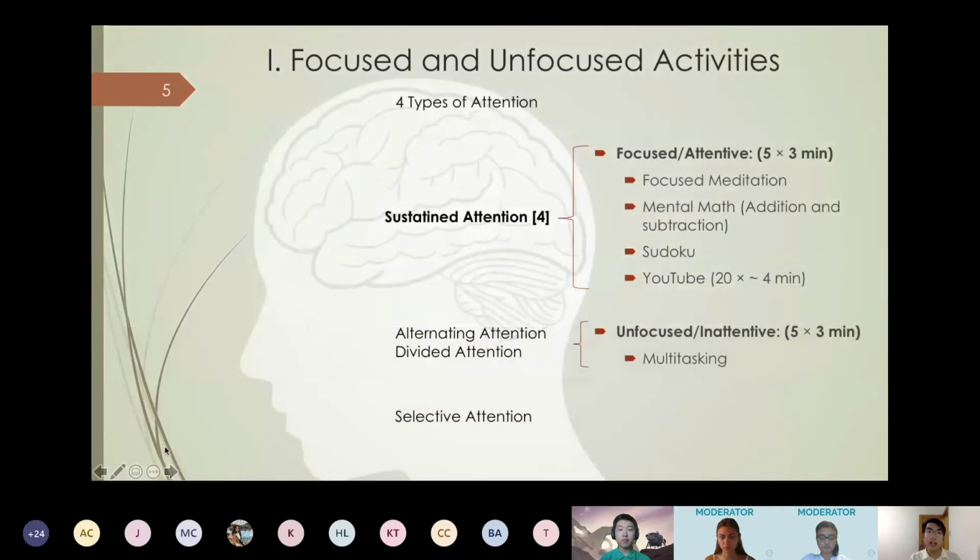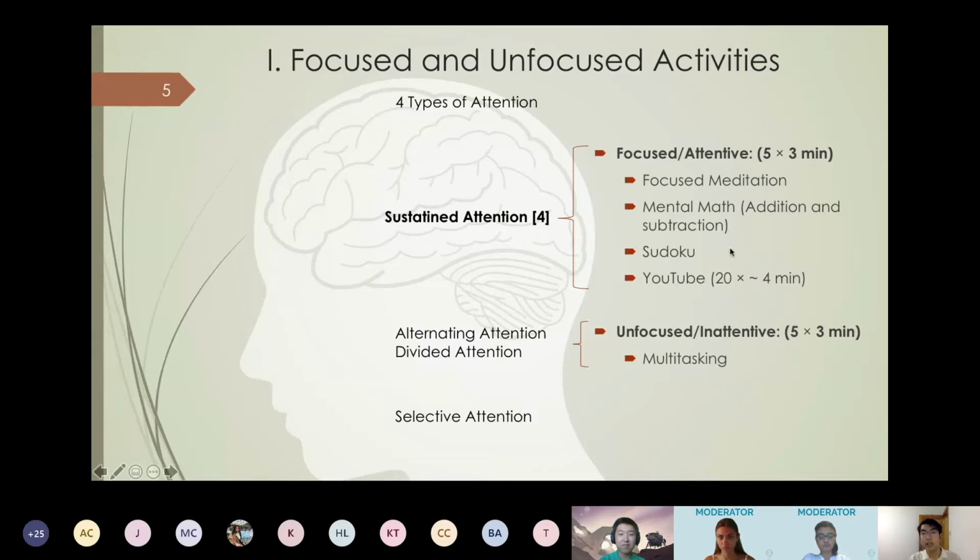First, I have developed 2 sets of baseline activities: purely focused and purely unfocused. There are 4 types of attention: sustained attention, alternating attention, divided attention, and selective attention. Sustained attention is the type of attention we want to focus on because research has shown that it is strongly correlated with what we do when we are paying attention in class.